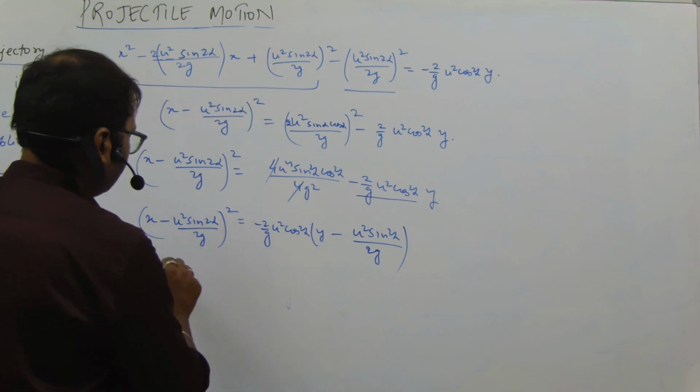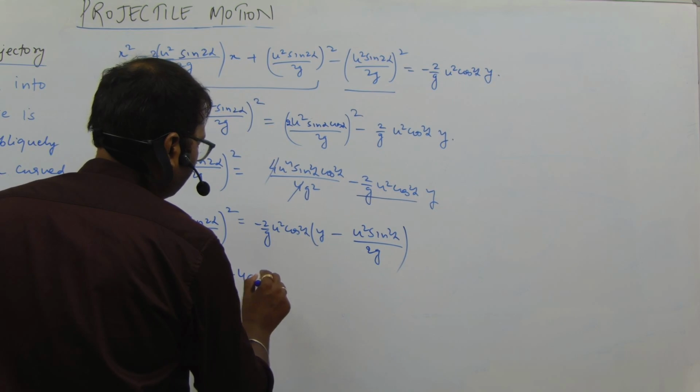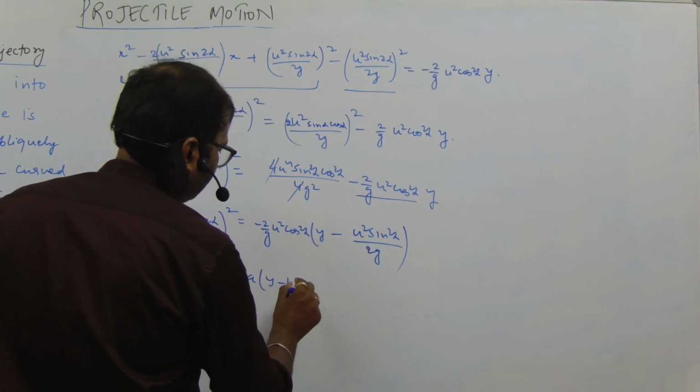Let us compare this with (x − h)² = −4a(y − k).